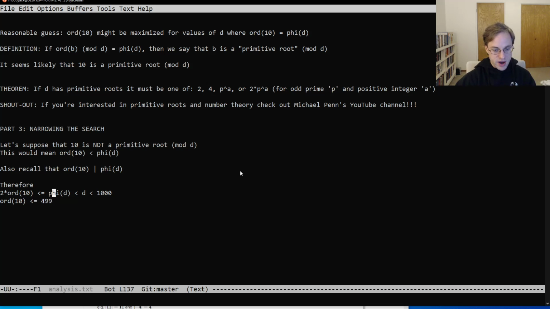We have to be a little bit careful about this because we're mixing less than and less than or equal to. D has to be less than or equal to 999, phi of D less than or equal to 998, and so ord 10 less than or equal to 499. Okay, so we have a key result.